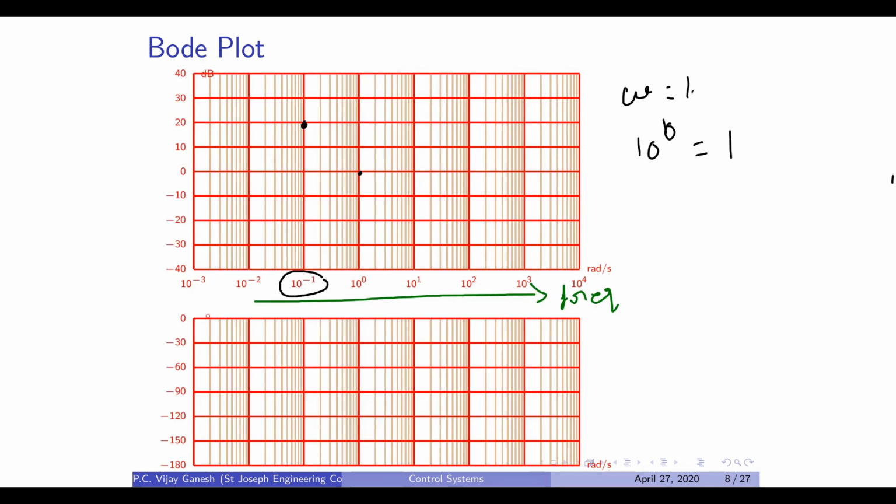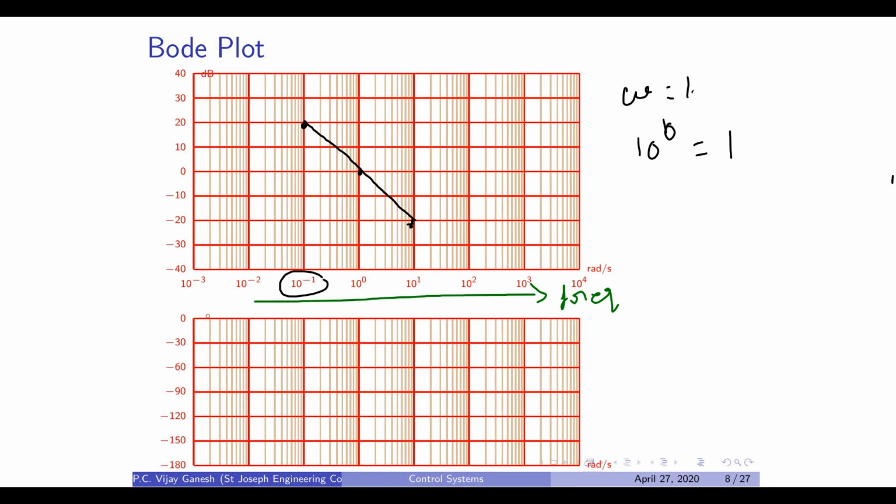So here I got the value as 0. Similarly at 10, I got the value as minus 20.